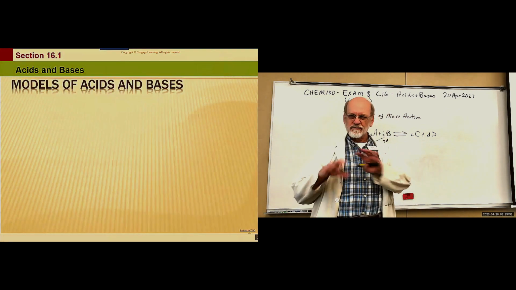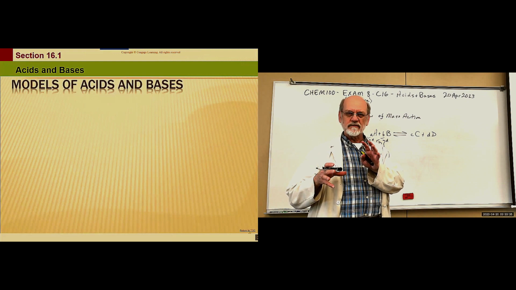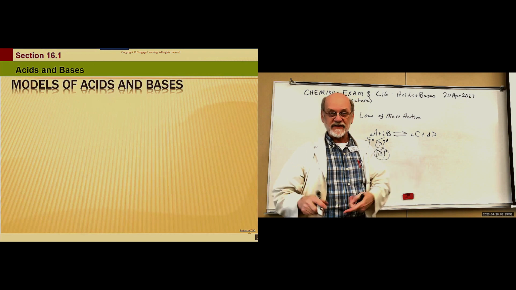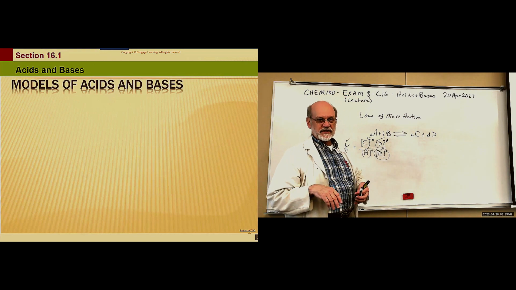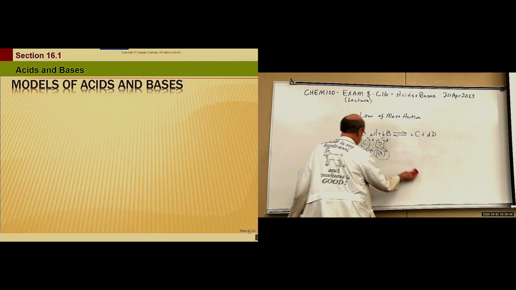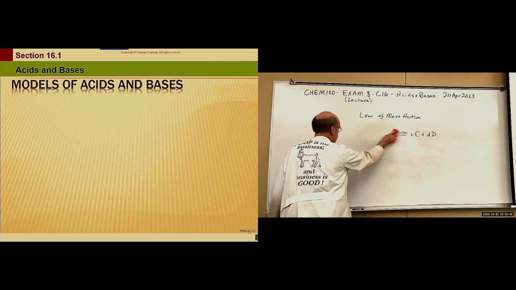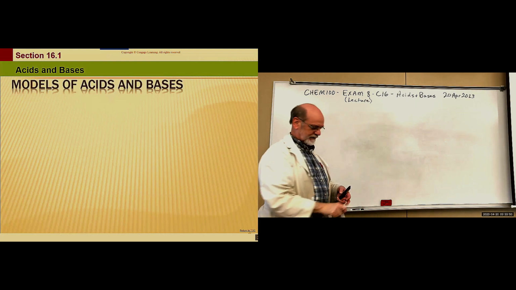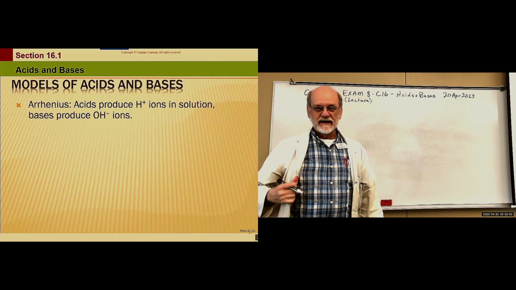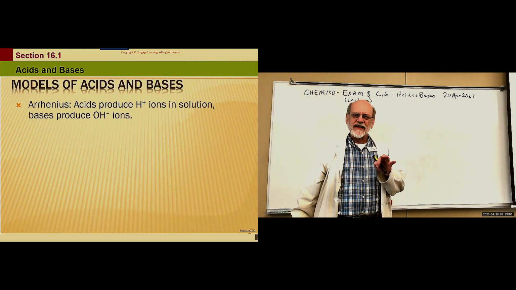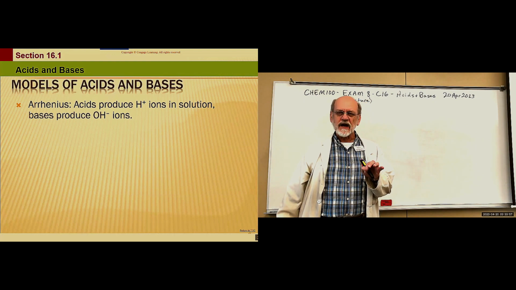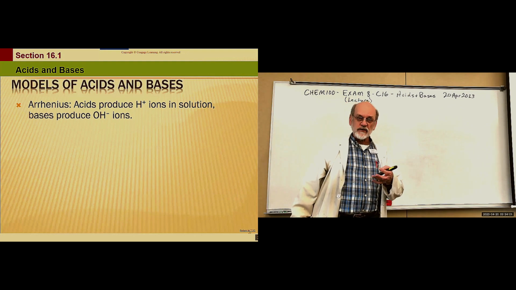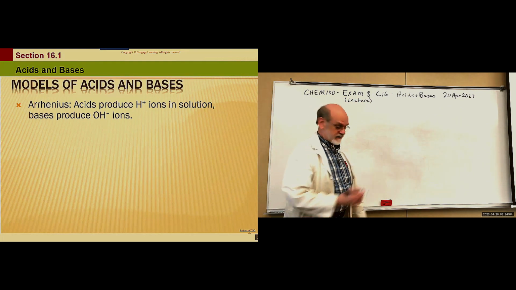Now that we've got those basics of equilibrium in hand, we can apply them to a study of acids and bases. So we're back into chapter 16 now. Concepts of acids and bases. The first concept of a scientific nature that was proposed was by a man named Arrhenius.